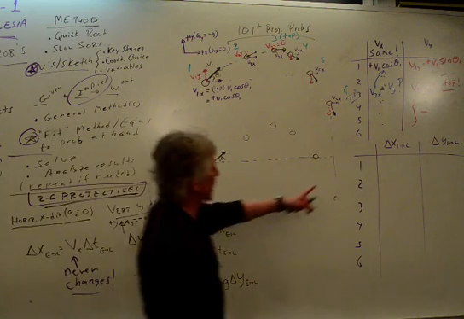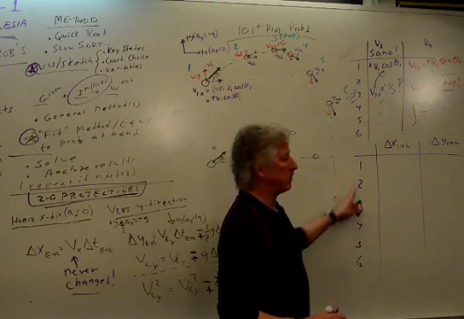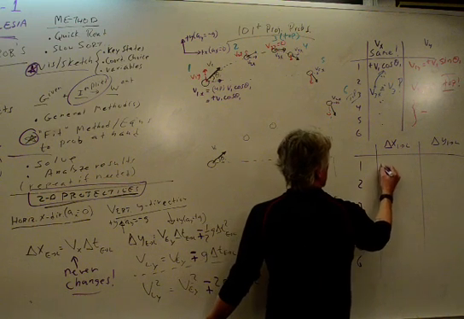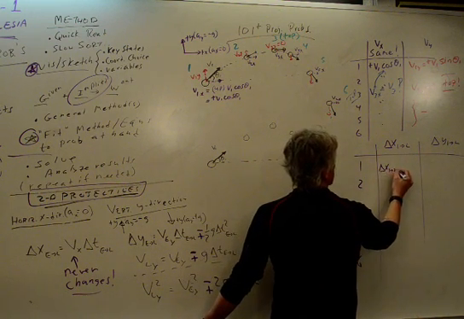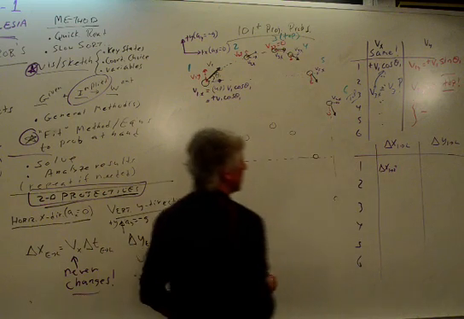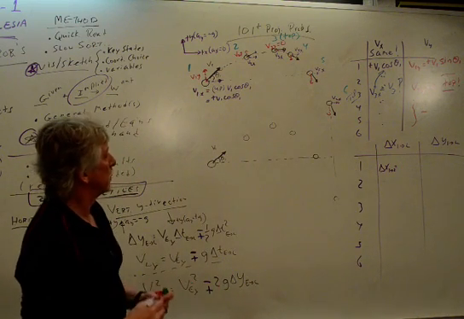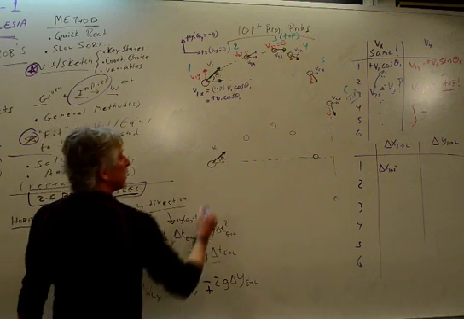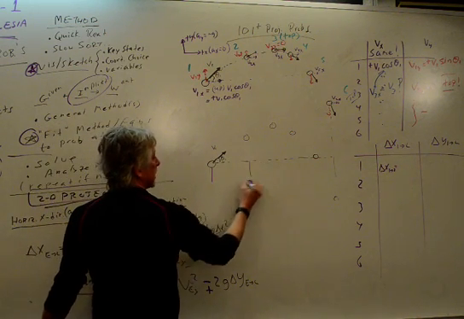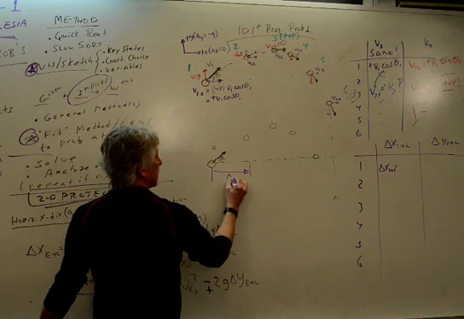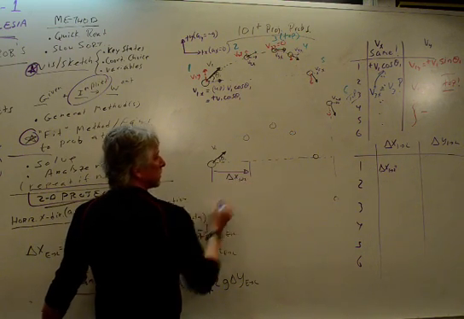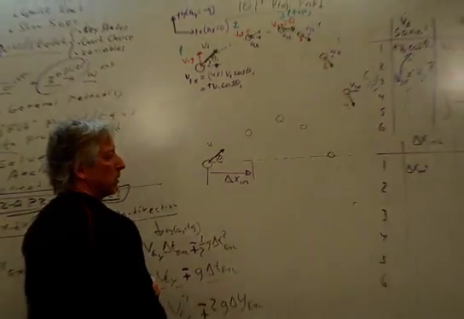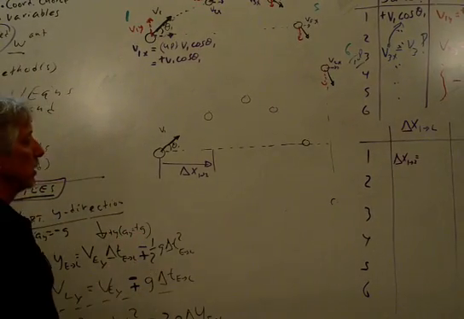All right. So I can go 1 to 2. Delta x 1 to 2 equals. So where is that on my picture? Here to here. Delta x 1 to 2. Okay, so you see it.